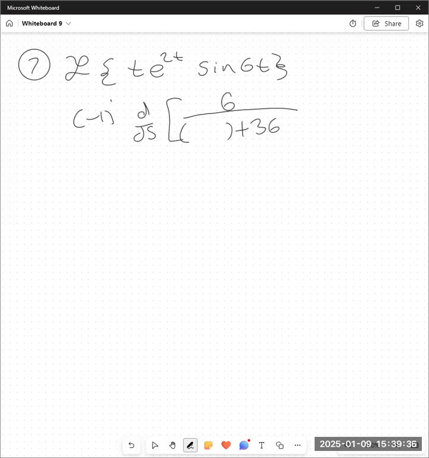And this is s minus 2 squared. So that's going to be a negative derivative with respect to s. Let's go ahead and pull the 6 out. And this is going to be 1 over s squared minus 4s, and then plus 4 plus 36, which is plus 40.